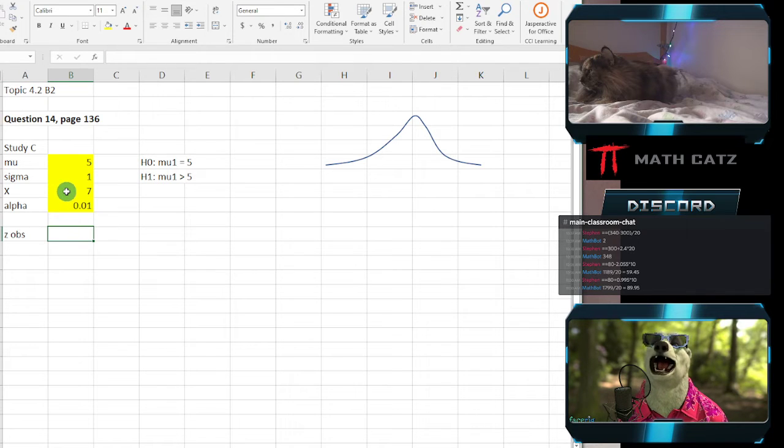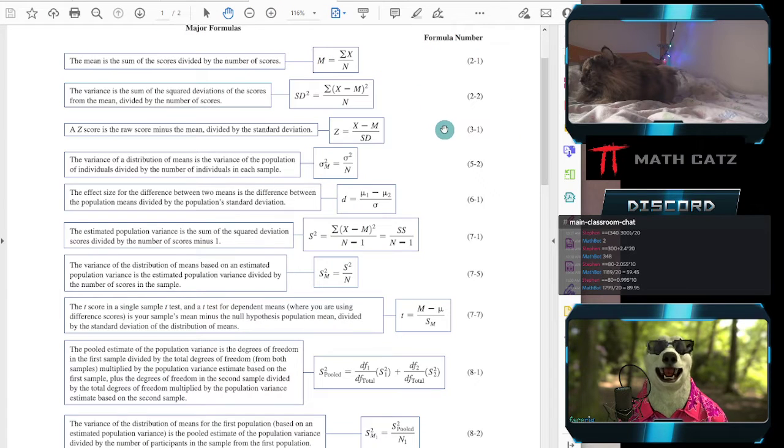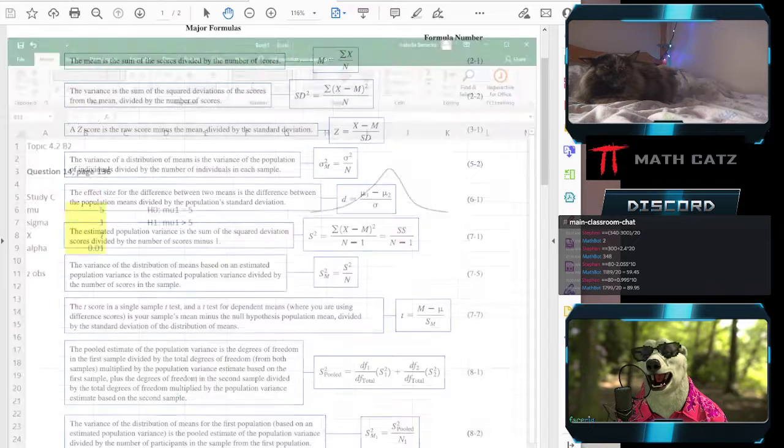So when I have a raw score of 7 and I standardize it, the observed z-score is just the corresponding z-score of that, and that will follow. There isn't the precise formula with the notation, but it's, I guess, 3-1 is the closest, where we use the population values here. The raw score minus the mean over the standard deviation.